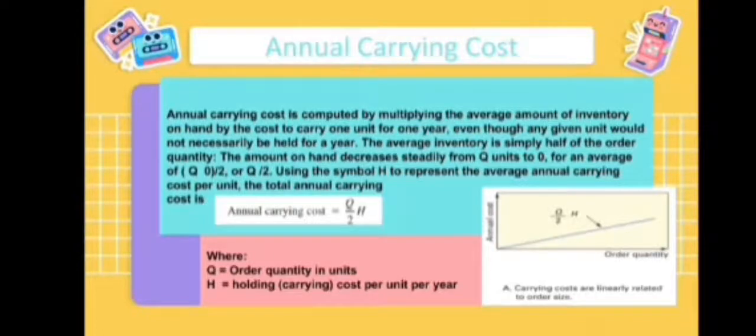Carrying cost is thus a linear function of Q. Carrying costs increase or decrease in direct proportion to changes in order quantity Q, as figure 13.4a illustrates. On the other hand, annual ordering cost will decrease as order size increases because for a given annual demand, the larger the order size, the fewer the number of orders needed.